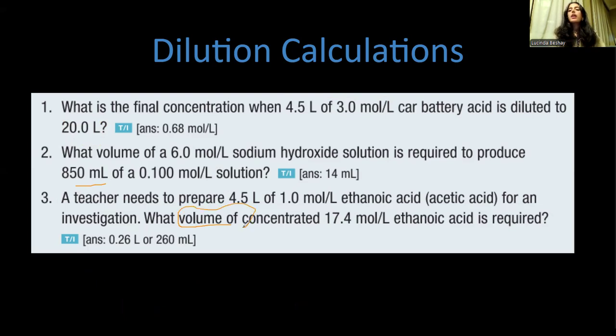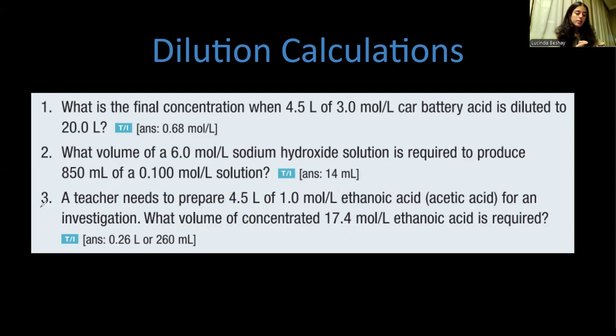It's still using C1V1 equals C2V2: label solution number 1 and solution number 2, put the numbers together and solve. If you still have any pending questions, keep them until I come. Otherwise, this should be clear and we should be ready to move on to the next concept.